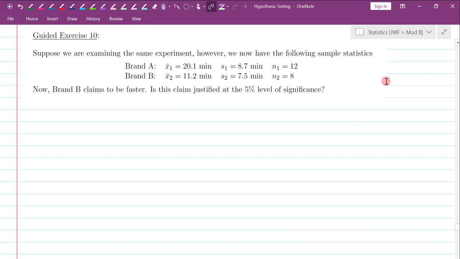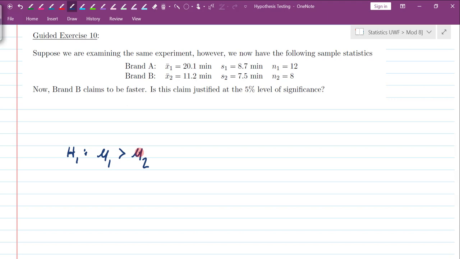So if brand B claims to be faster, that's going to be mu sub 2. And we're going to test this claim. So that's going to mean that mu1, if we're looking at time, is going to be greater than mu2. Because if you're faster, your time is shorter. Okay?